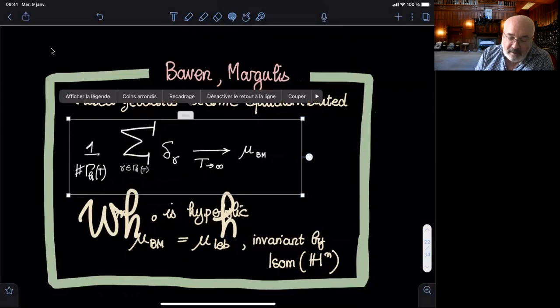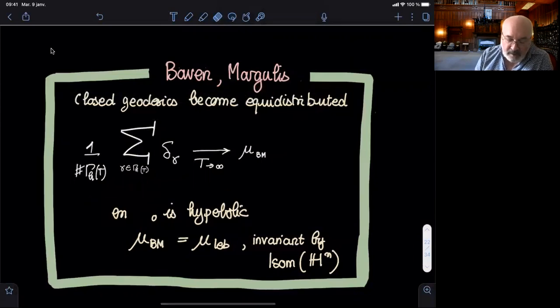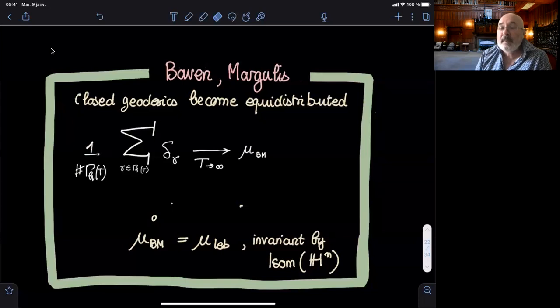If you take the sum of all these probability measures, located at gamma, where gamma is a closed geodesic of length at most t, and you divide by the number of them to turn that into a probability measure, this converges to what is called the Bowen-Margulis measure.